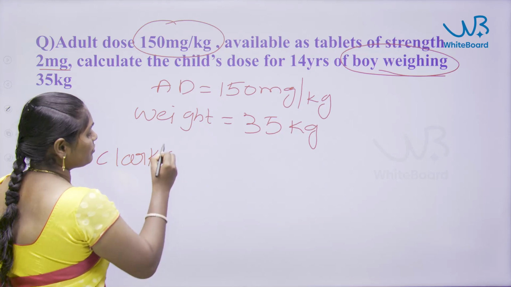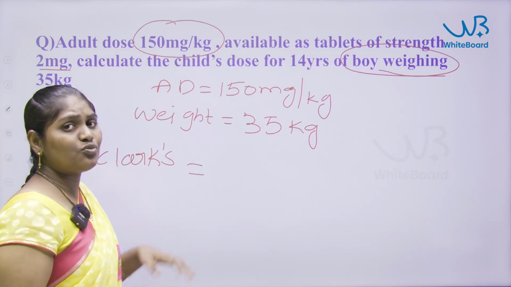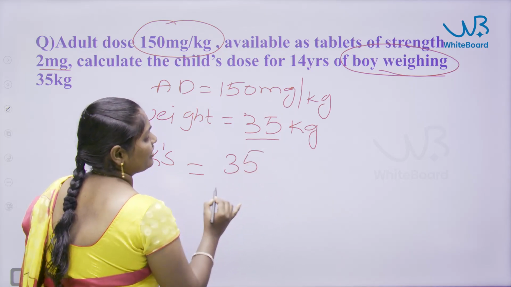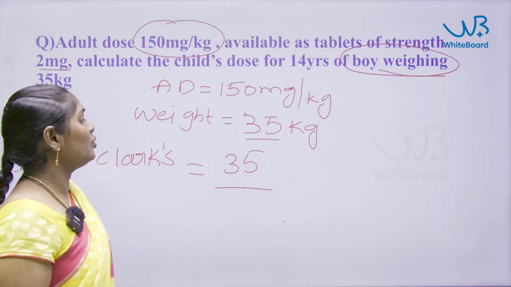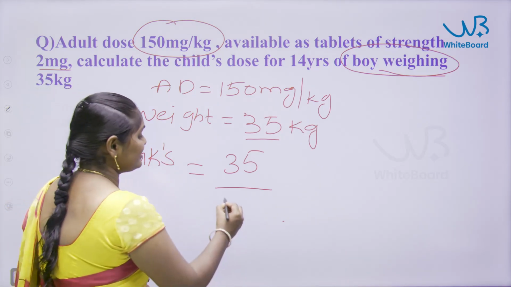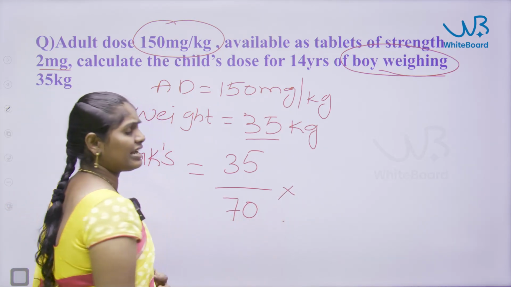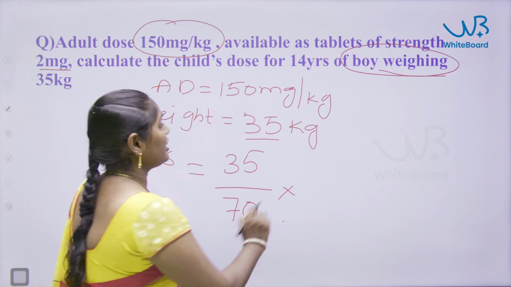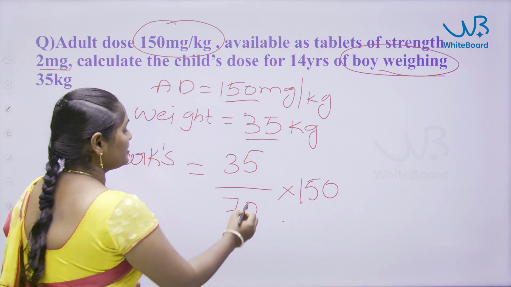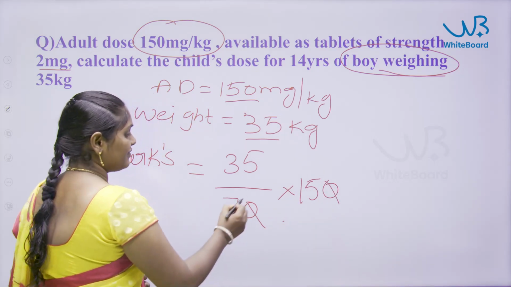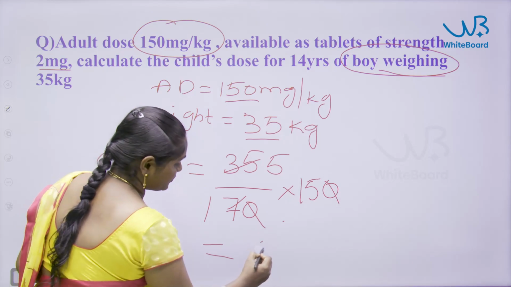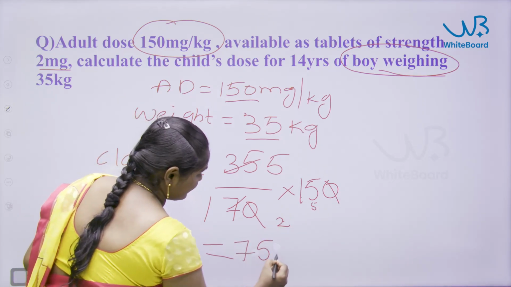Already you know the formula, so I am not writing it. That is weight in kgs, 35, divided by 70, since Clerk's formula is based on kgs. If it were in pounds, then I would write 150. Now the adult dose that is given is 150. The 0s cancel. 7 ones are 7, 5 fives are 25, so that is 75.